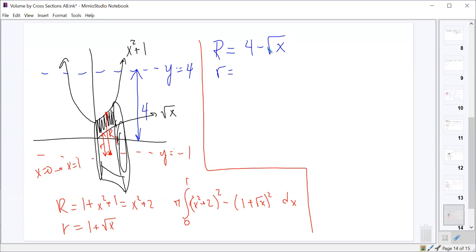And what should my inner radius be? It should be the height up here that I'm going around, 4, the full thing, minus my other function, or 3 minus x squared if we simplify that down. And so our integral would be pi times the integral from 0 to 1 of the outer radius squared minus the inner radius squared.